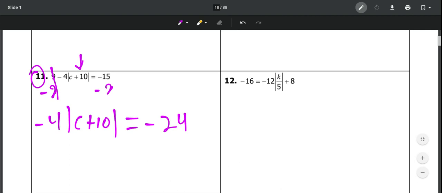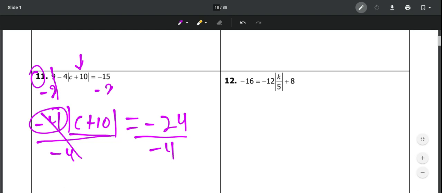And then you're going to take this negative 4 and get rid of it so that this absolute value can be isolated, which you do by dividing by it. So then c plus 10 equals 6.